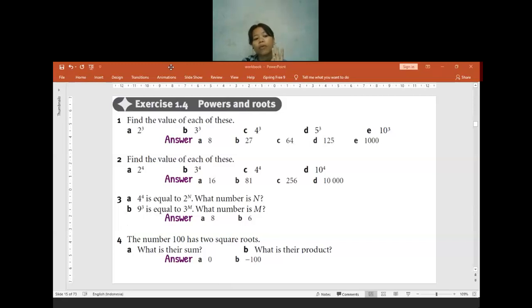So 2 to the power of 3 will be 2 times 2 times 2, which is equal to 8. 3 to the power of 3 will be 3 times 3 times 3, which is equal to 27. 4 to the power of 3 will be 4 times 4 times 4, which is equal to 64. 5 to the power of 3 will be 5 times 5 times 5, which is equal to 125. And the last one, 10 to the power of 3, will be 10 times 10 times 10, which is equal to 1000.